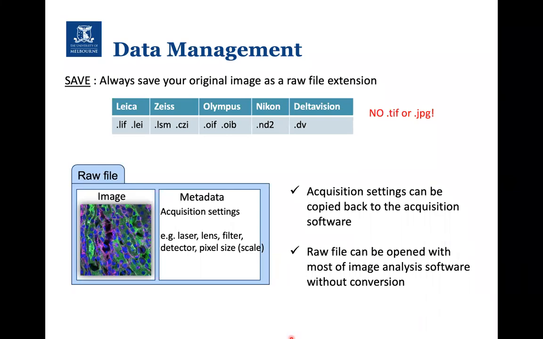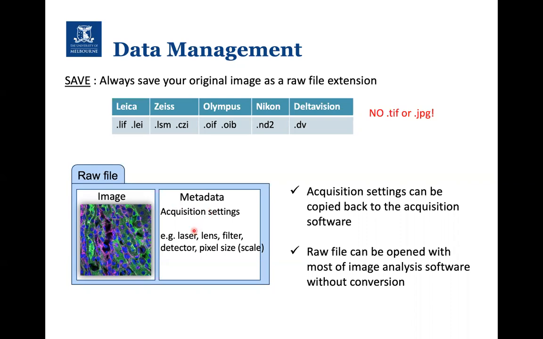The first thing we recommend is you always save your images as the raw file extension, and that will be different depending on which of the vendors' microscopes you're using. I would not save your initial image as a TIFF or a JPEG, because saving it in this format not only saves the image, but it also saves the metadata as well.